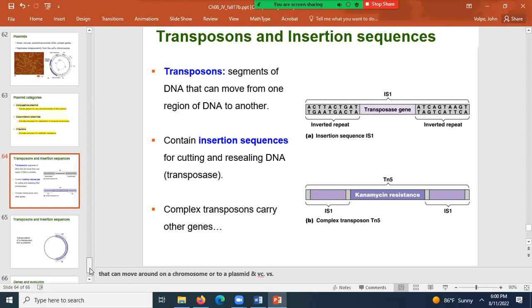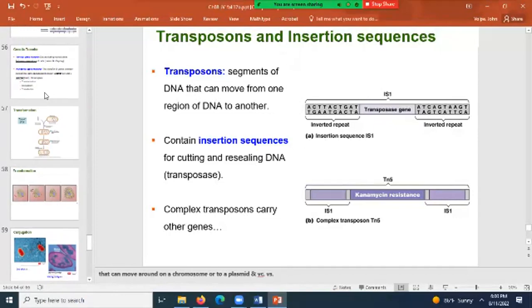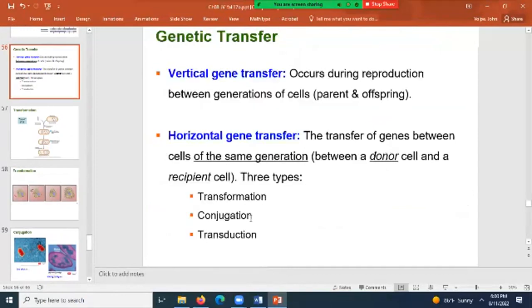How the cell gets new genes is by transformation, conjugation, transduction. As long as the gene exists in a population, transformation, conjugation, or transduction can move the gene from one cell to another so that the recipient cell receives new DNA. And of course, the other way a recipient cell can receive new DNA is by mutation.